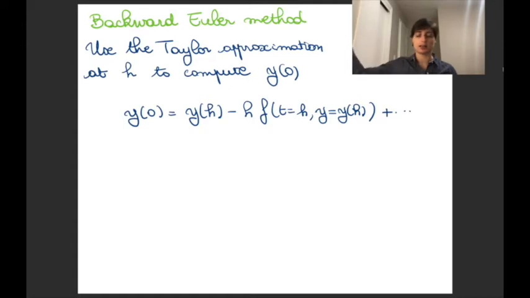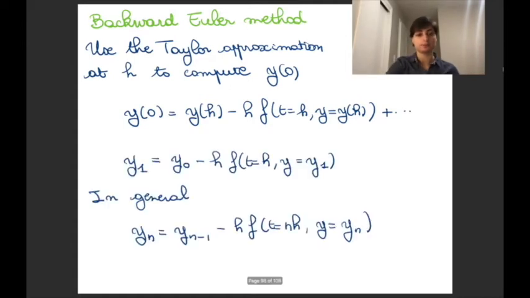And then there's the second order term that we're not writing. So we replace this formula into y1 equals to y naught minus h times f computed at t equals to h and y equals to y naught. We can make this a general statement where we are computing yn equals to yn minus 1 minus h of f computed at yn with time equals to nh.